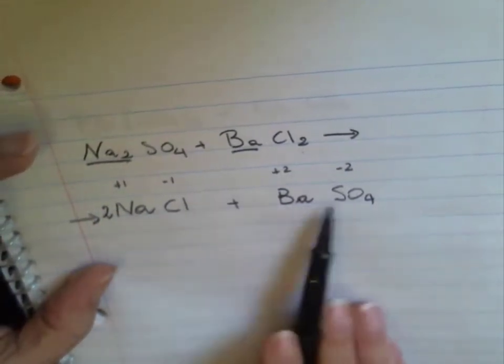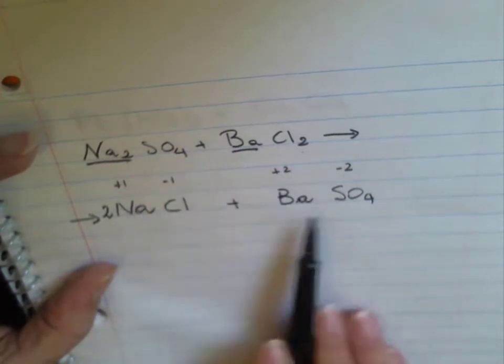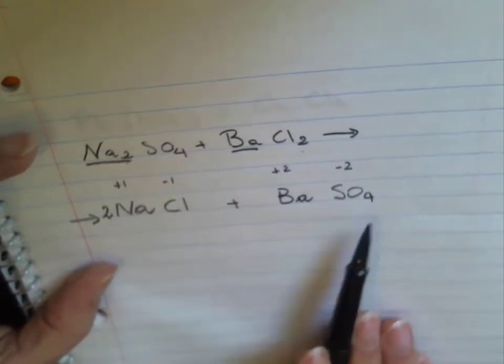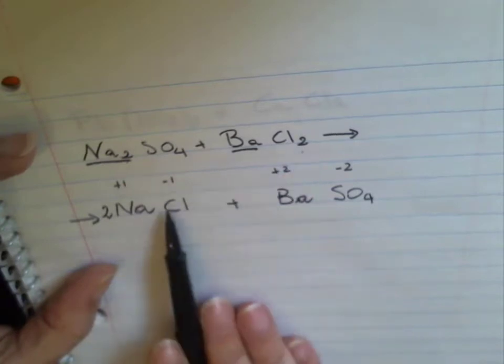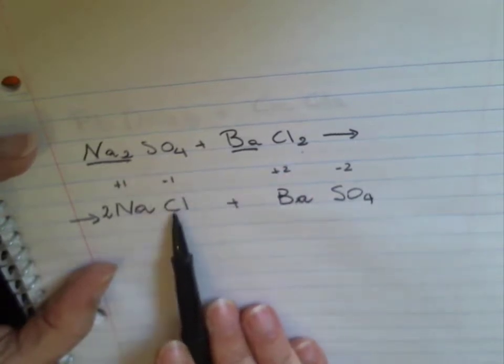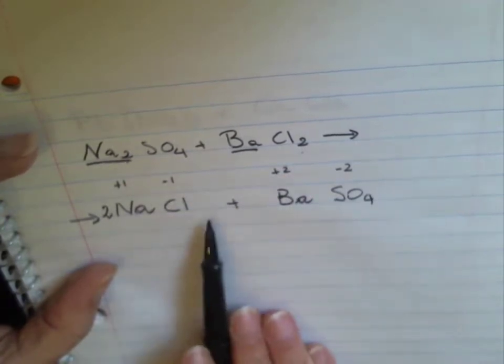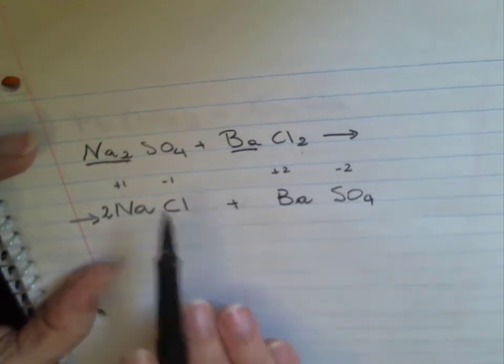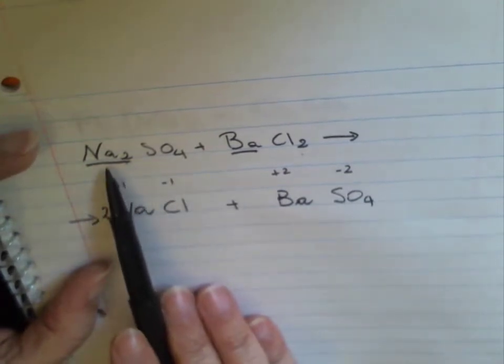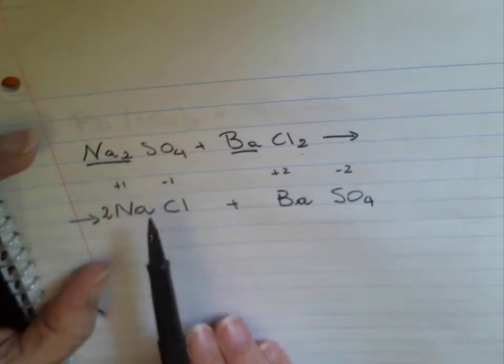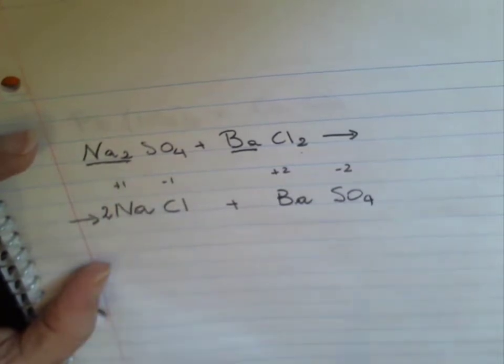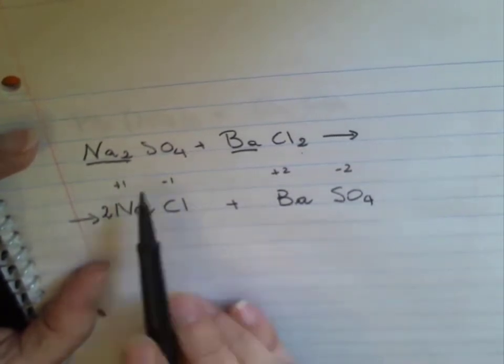Once our equation is balanced and the products are determined with the correct formula, we can now determine if these are in aqueous solution, hence soluble, or solids, insoluble compounds. We looked at the table before and we saw that anything that contains sodium or any metal from group 1 will be soluble.